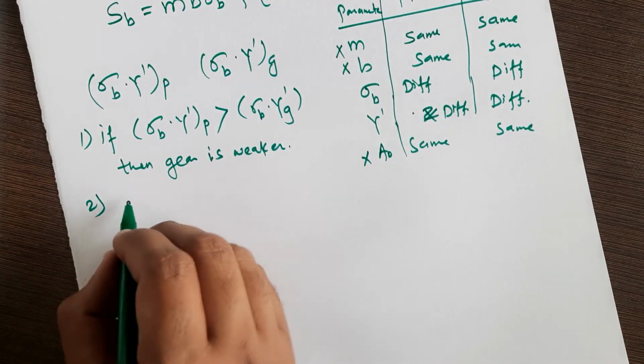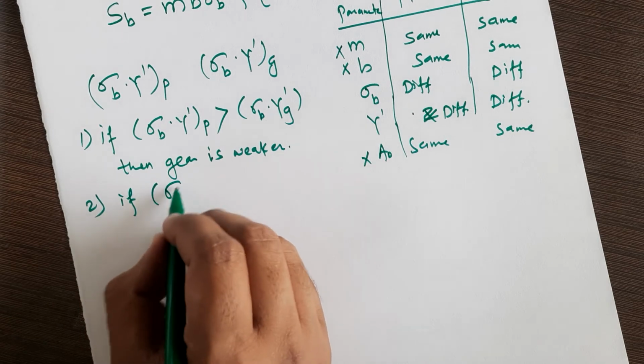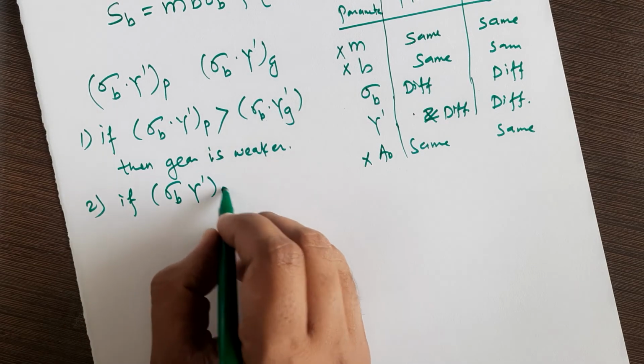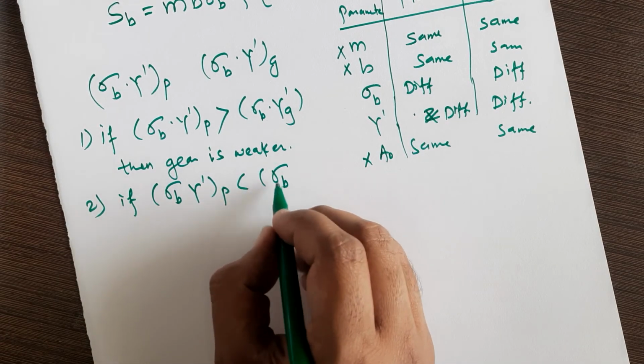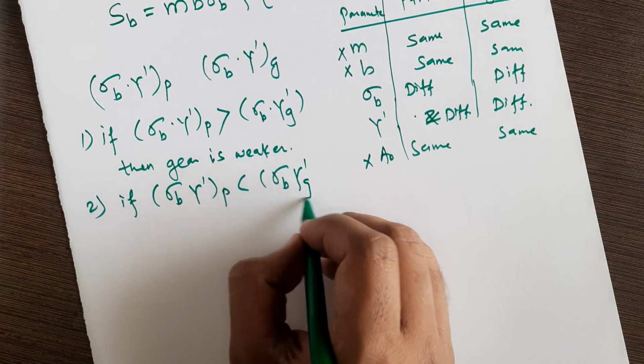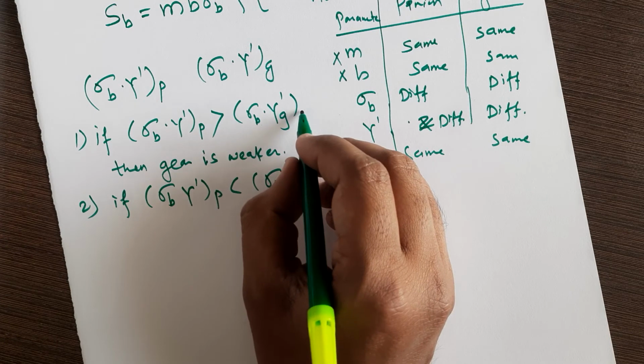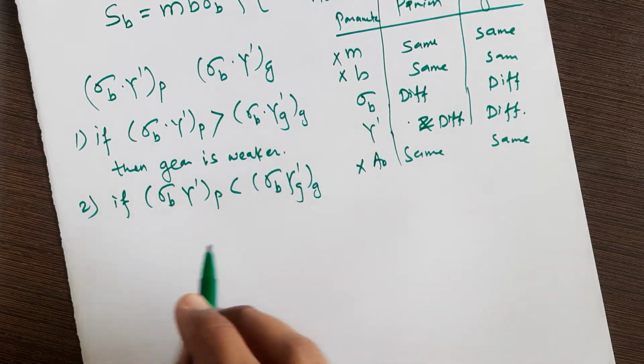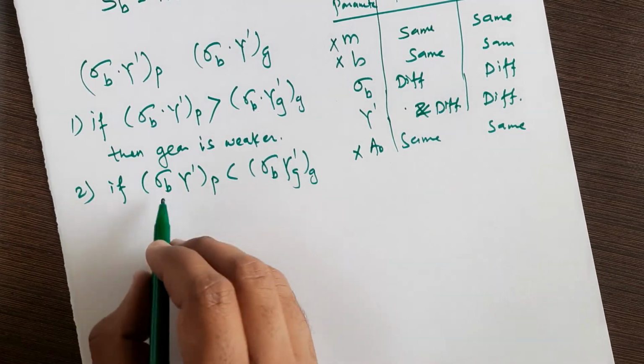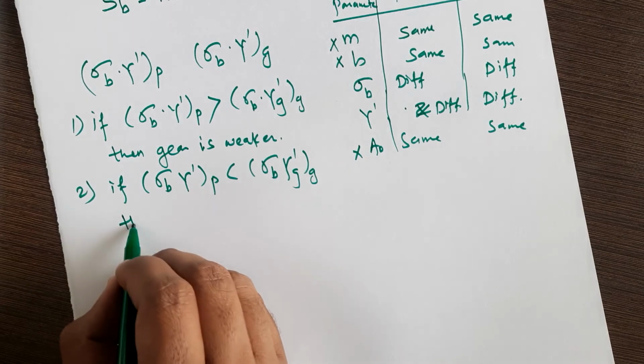Second condition: if sigma B into y dash for pinion is less than sigma B into y dash for gear, then in this case the pinion will be weaker.